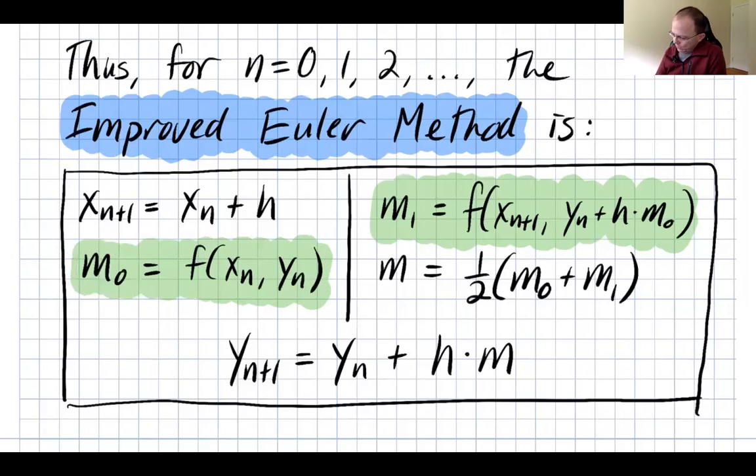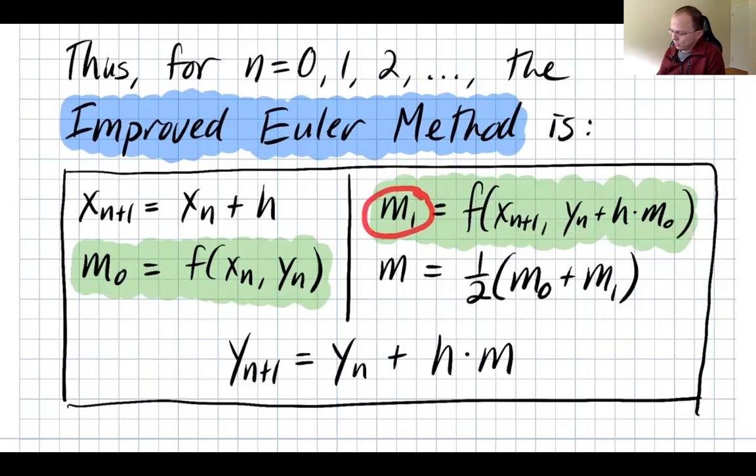And then we look into the future. So we imagine, what if we actually took this m0 line, if we took this step here, then what is the slope going to be at this future point? This is where we just did the Euler method here. So if we just did Euler method, what is the slope?